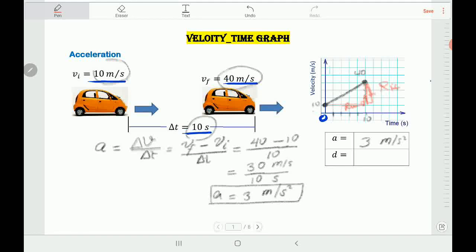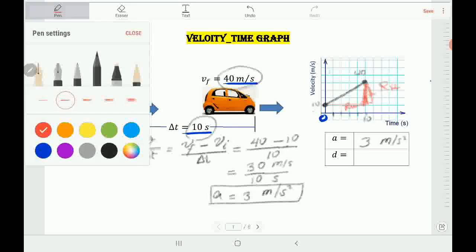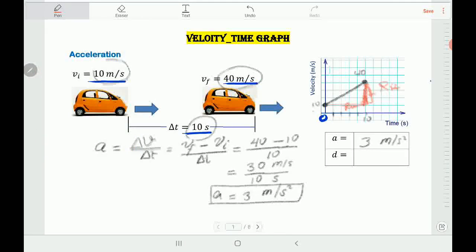The rise is actually the change of the velocity. Yes, because here you have the vertical line, the difference between this and this: the final speed 40, and that's the 10, and the difference is equal to 30. So the rise is equal to 30. And this one is equal to 10, the time difference.